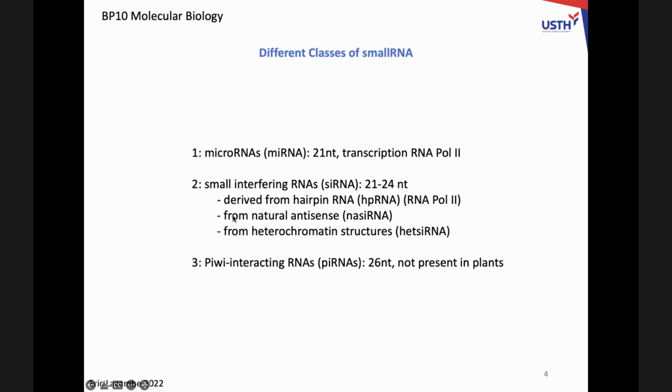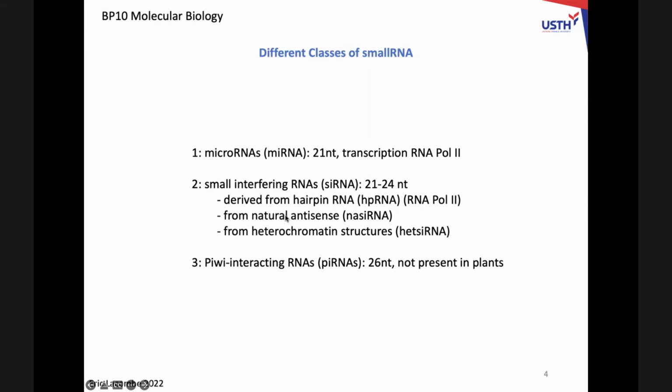They can also come from specific structures in the genome, called natural antisense RNA. It's not very important, but you have situations in the genome where two genes overlap each other, and one is transcribed in one direction, the other in the other direction, and the overlapping part gives rise to double-stranded RNA that can be converted into small RNA.